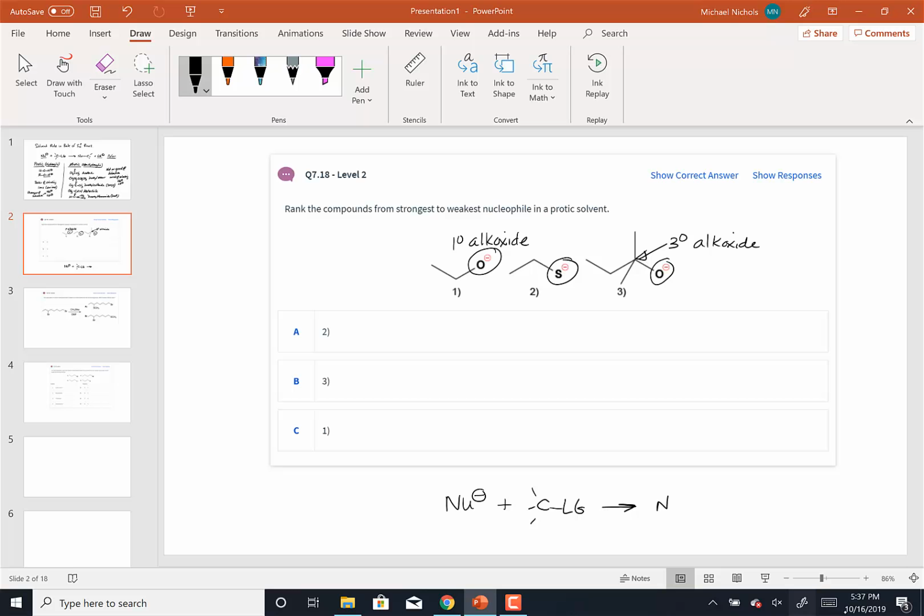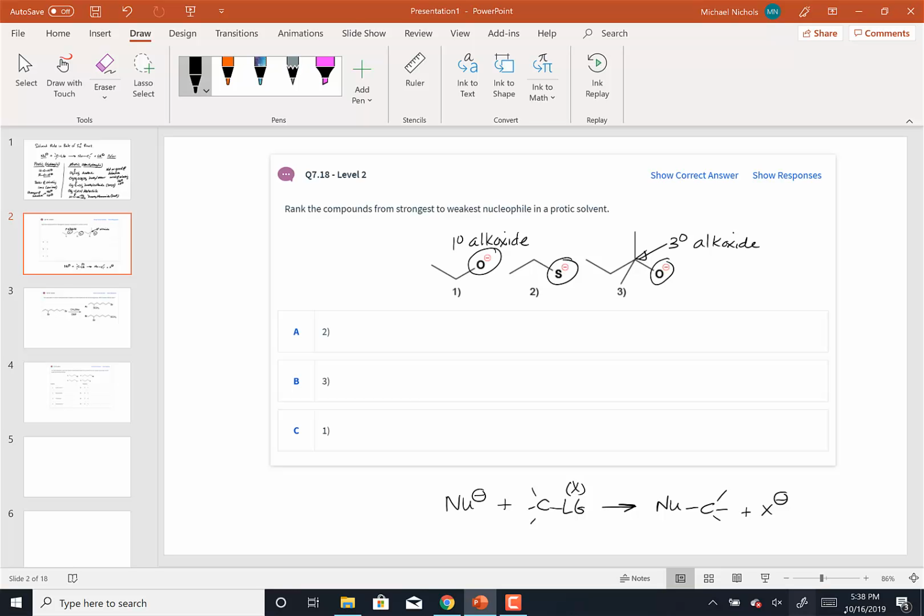The nucleophile is going to substitute for the leaving group, which in this case we could think of as maybe a halogen atom becoming a halogen ion. And so the issue is how would a primary nucleophile differ in reactivity from a tertiary one?